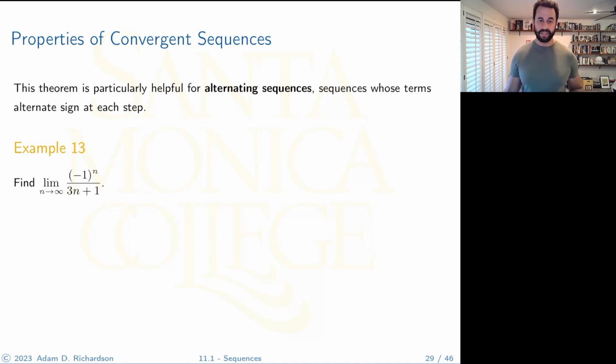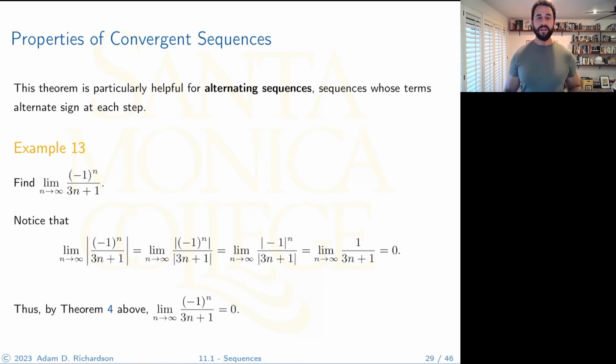All right, now let's do it together. So we're going to take the absolute value of our sequence and we're going to look at that limit, and maybe we'll get lucky and that limit will be something that exists, and then we can apply that theorem that we just proved. So here's the absolute value, right? Absolute values split over quotients.